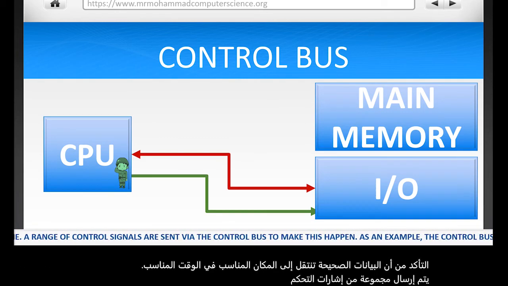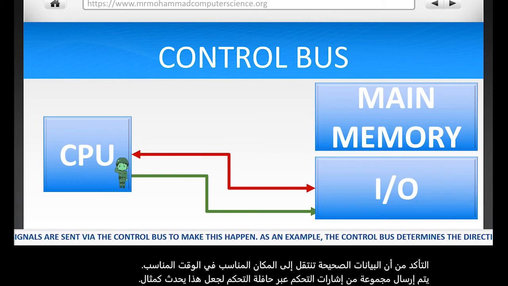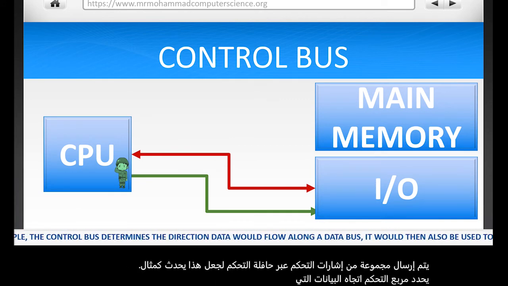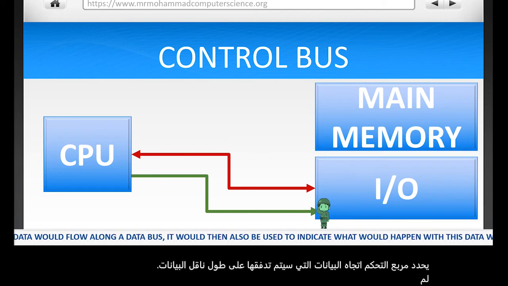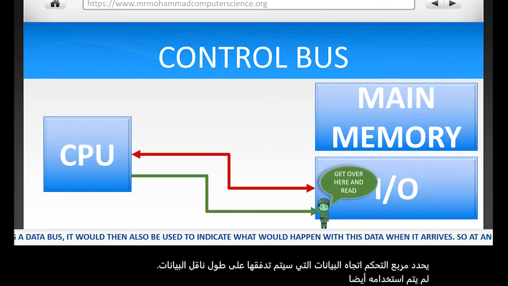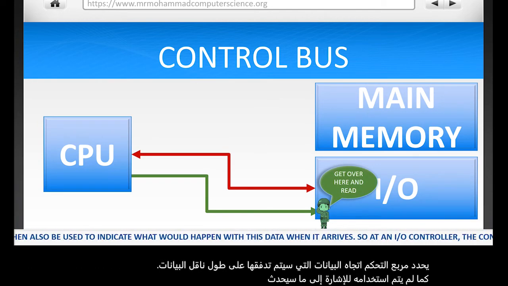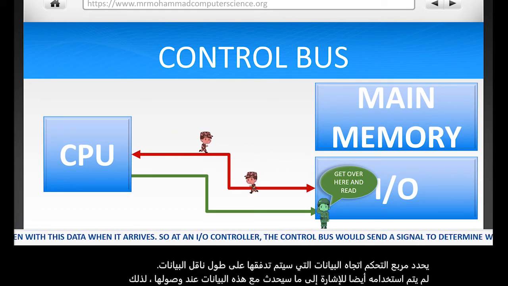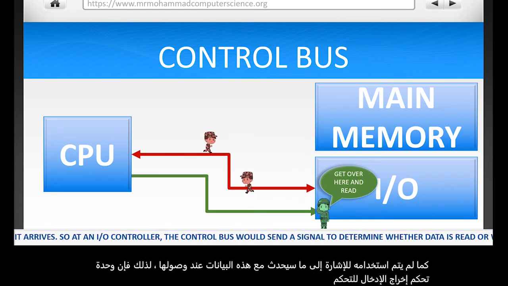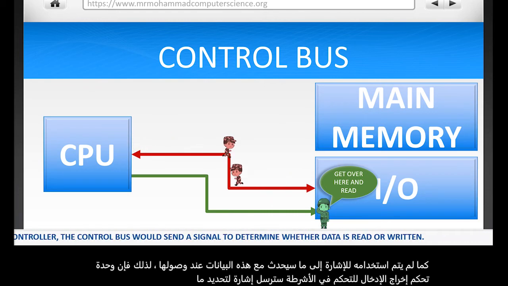As an example, the control bus determines the direction data would flow along a data bus. It will then also be used to indicate what would happen with this data when it arrives. So for an input-output controller, the control bus would send a signal to determine whether data is read or written.